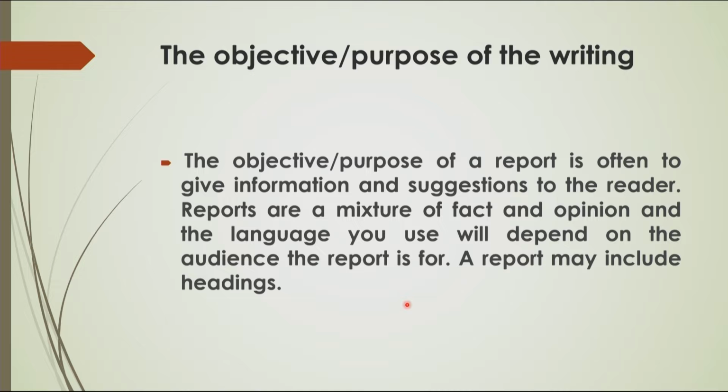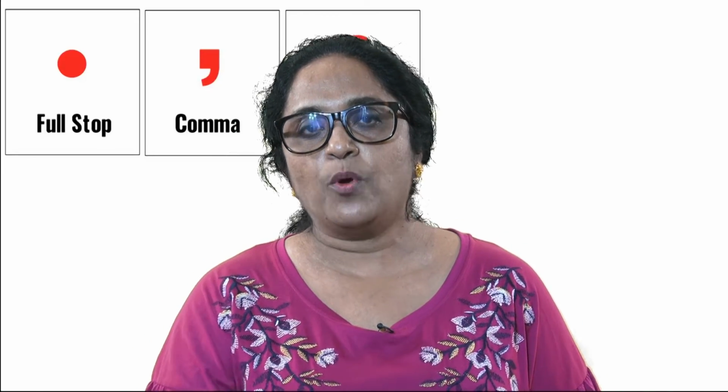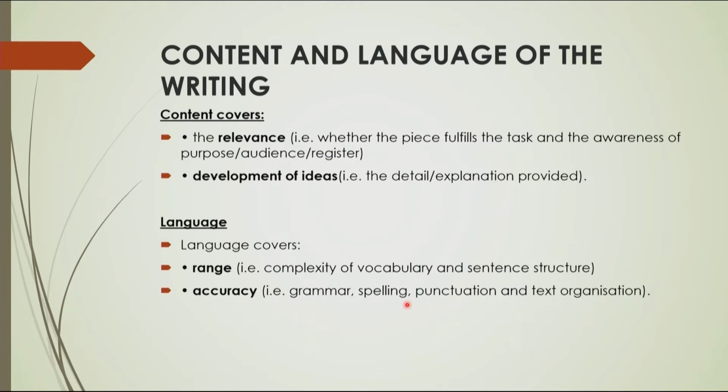Children, so now let's look at the slide that will give you a glimpse of a recap of the content and the language that is used in the writing. So here we have the content and the language. The content here covers the relevance, such as whether the piece fulfills the task and the awareness of purpose, audience and register.